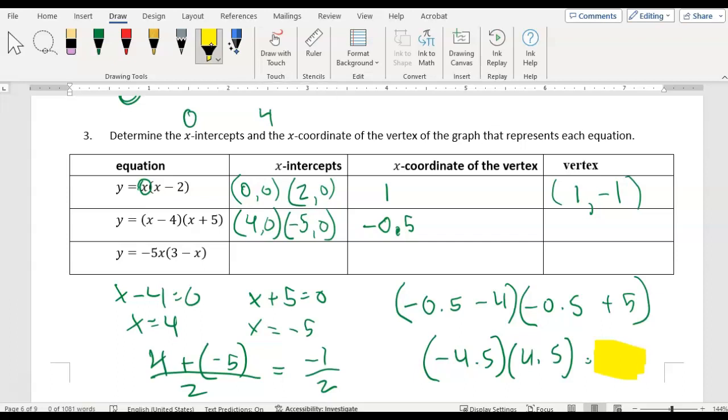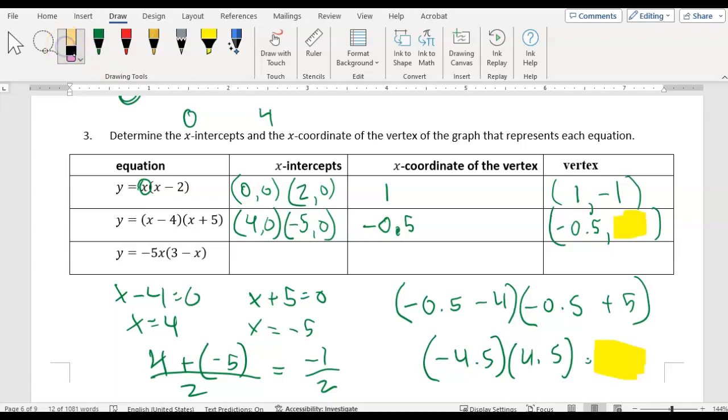You might even recognize what 45 times 45 is. But notice that one is negative, so you should have a negative answer. So for your x value here, it'd be negative 0.5, and then you need to figure out what that y value would be. I'm expecting to see you do that calculation.